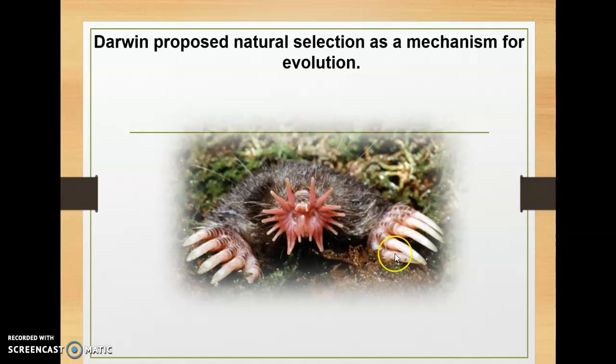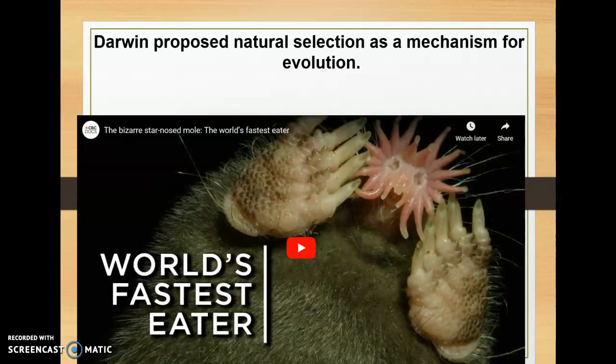What would be an advantage of having claws like that? And I've got another video for you to watch on your own that I just found about this star-nosed mole rat about how fast it eats. So you can look at that on your own. But again, be thinking about why these traits that it has would make this particular type of mole successful in its environment.